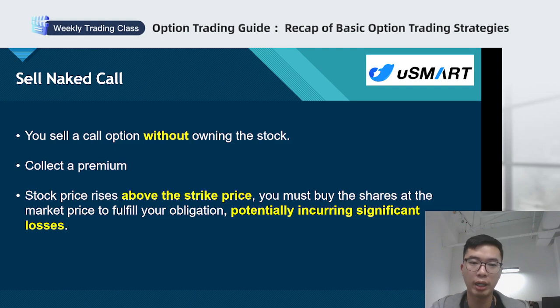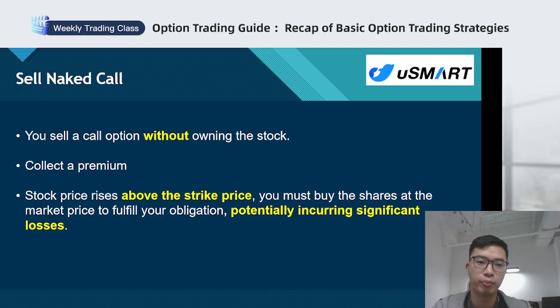And when the stock price rises, for the call seller, we don't want the price to go up, because the buyer wants the price to go up. We don't want it to go up so that we can earn their premium. If the stock price rises above the strike price, you must buy the shares at the market price to fulfill your obligations, potentially incurring significant losses.